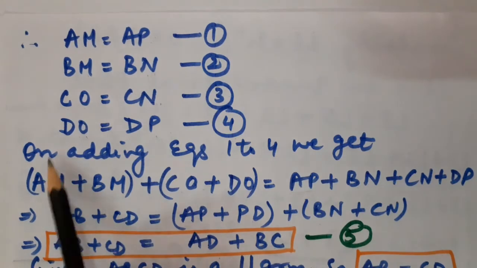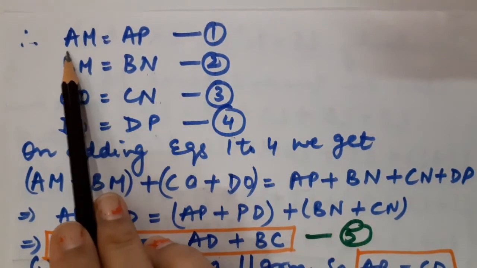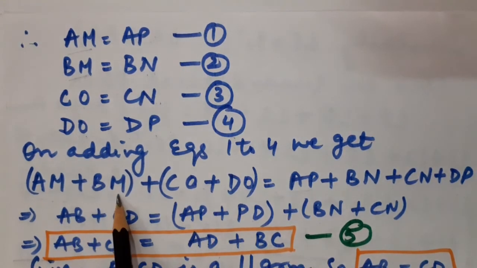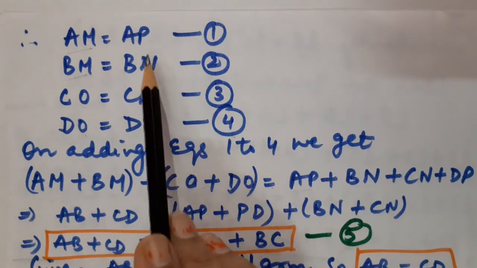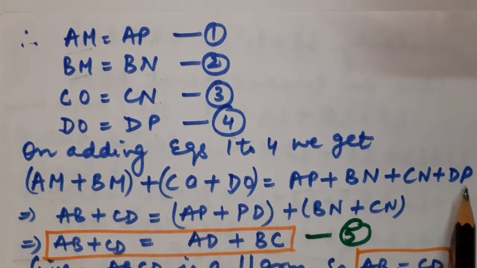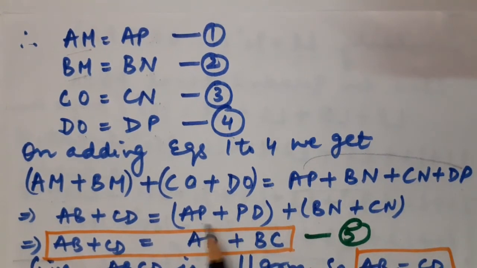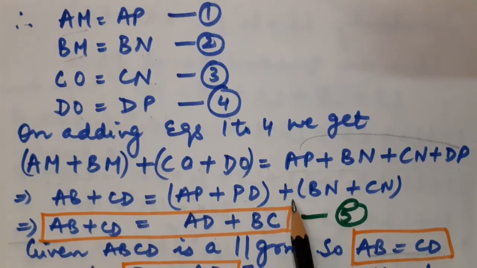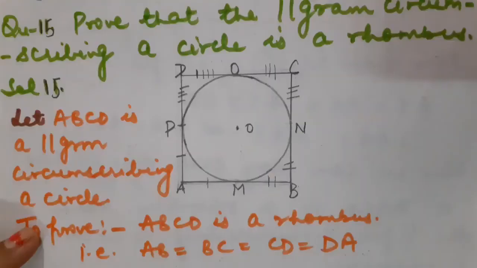Now I am going to add all these four equations. So this is AM plus BM written in one bracket, plus CO plus DO, is equal to AP plus BN plus CN plus DP. The pairing will be there of AP with DP, plus BN with CN. Just have a look once.